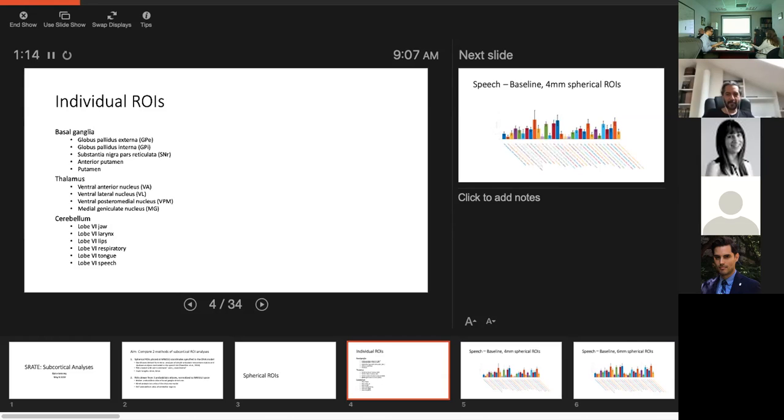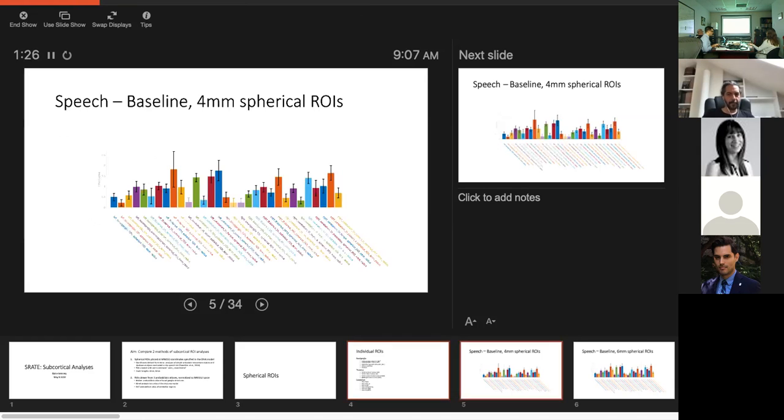So the first time I ran this, I put in every ROI just as an individual ROI, and then the second time I combined some of them, which I'll come back to in a second. And then looking at this for each contrast, starting with speech minus baseline, how these are going to be sequenced is I'll show you the 4 millimeters followed by the 6 for each contrast as we go through them.